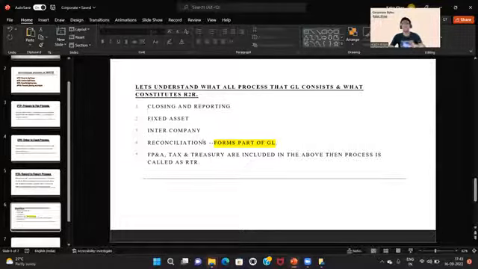So if the process has these four sub processes, closing and reporting, fixed asset, intercompany, reconciliation, then we can say that process is only the GL process, not the R2R. So again, I repeat. If the process has these four sub processes, then we can say that these form part of the GL, the general ledger process.